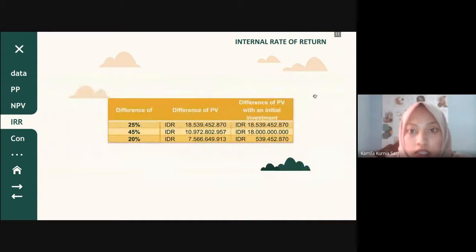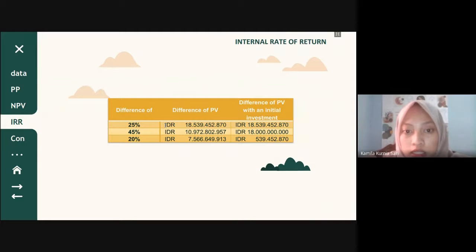And then this is the comparison table. There are 3 columns and 3 rows. This is the difference of the required profit, this is the difference of present value, and this is the difference of present value with the initial investment. For the first row in the first column, we have 25%, because this is the required profit given in the problem.